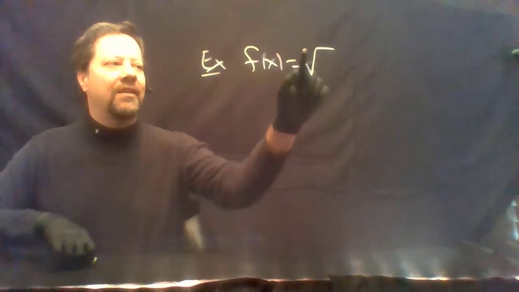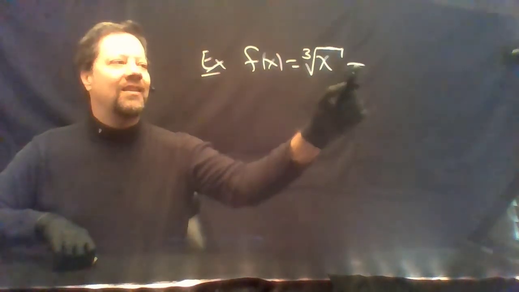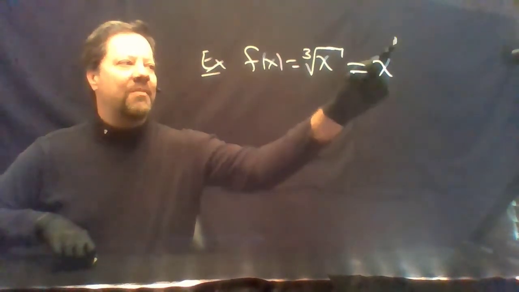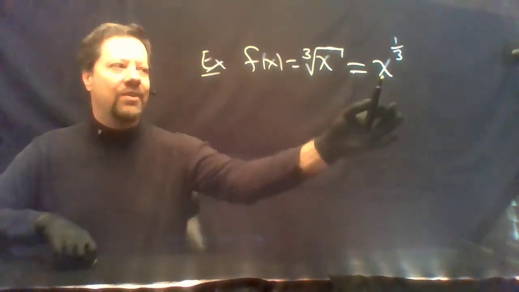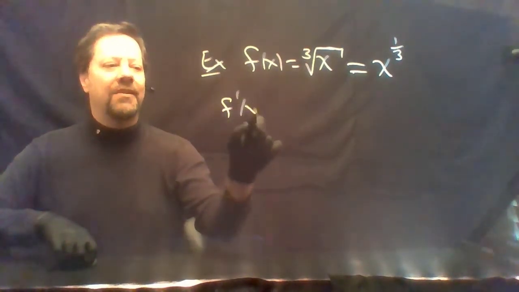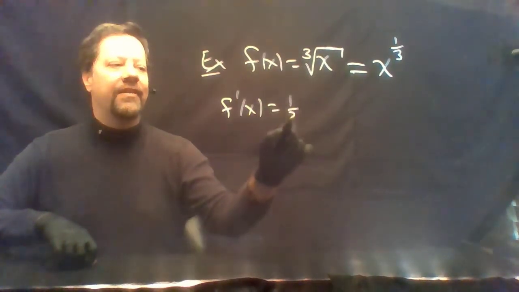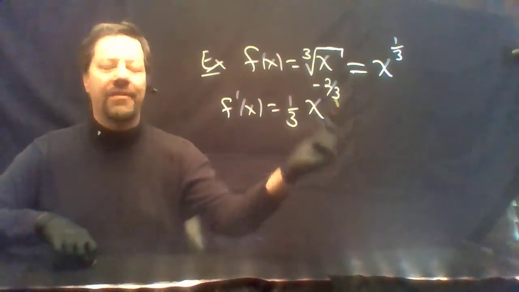We can now calculate some derivatives that you couldn't calculate before. What about the cube root of x? We should rewrite that as x to the power of 1/3. Roots can always be converted into rational exponents. It follows then that the derivative is 1/3 x to the negative 2/3.